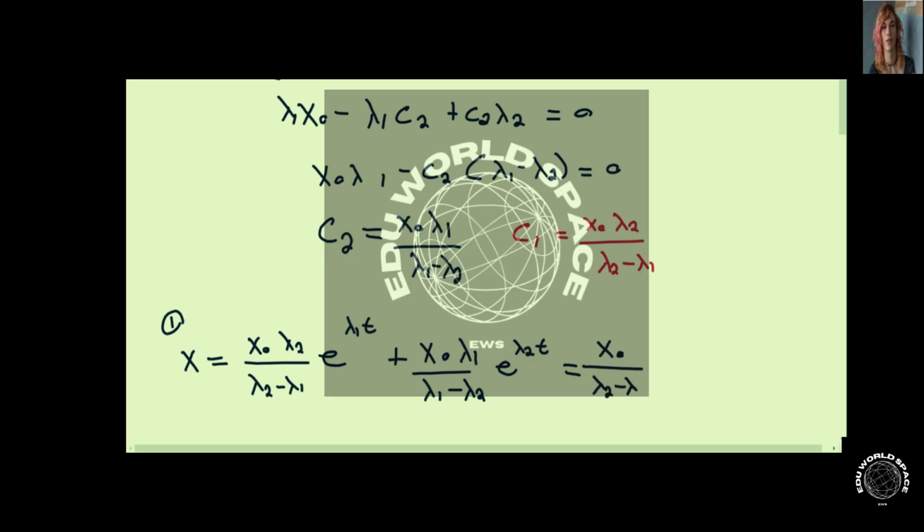And now we have lambda 2 e^(lambda 1 t) minus lambda 1 e^(lambda 2 t). Okay?